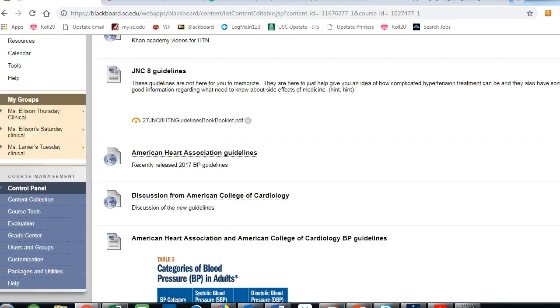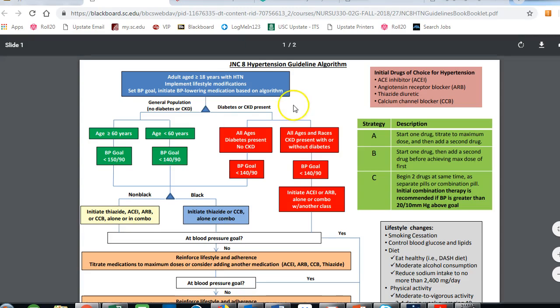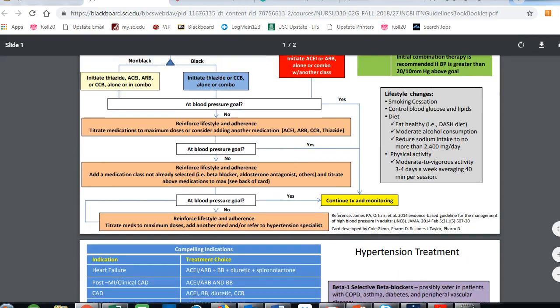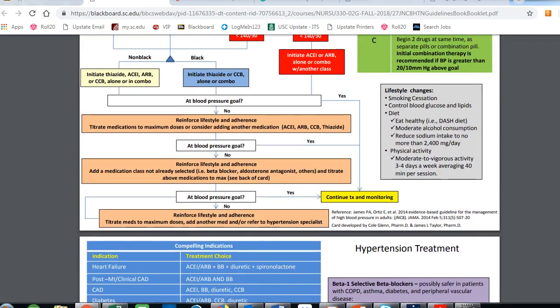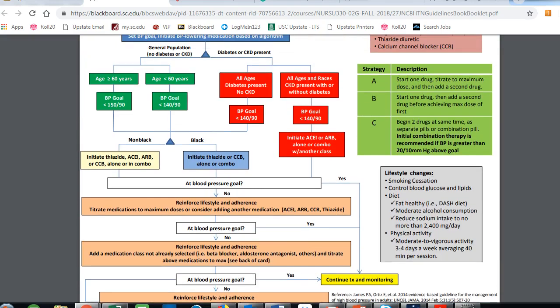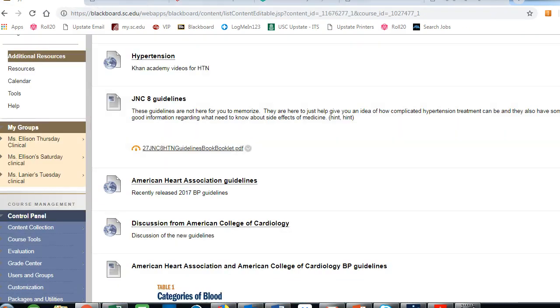Whereas JNC8, they say stage 1 hypertension doesn't start till 140 and stage 2 hypertension is 160, I believe. So I'm not going to give you a test question related to stage 1 versus stage 2 because there's debate right now as to what those numbers are.